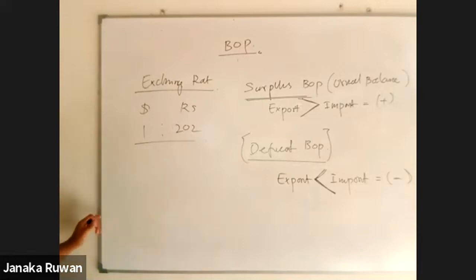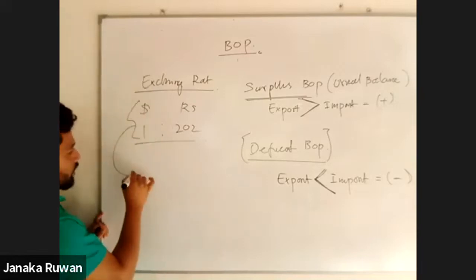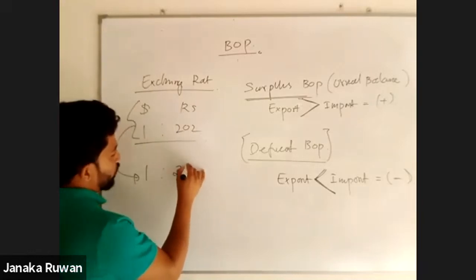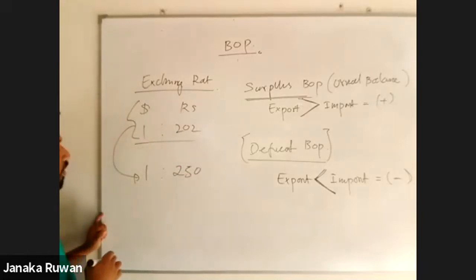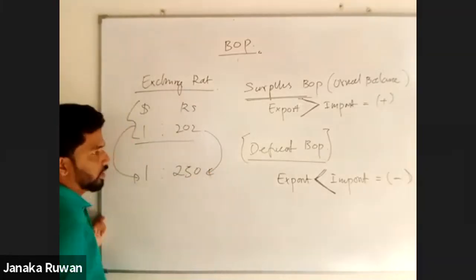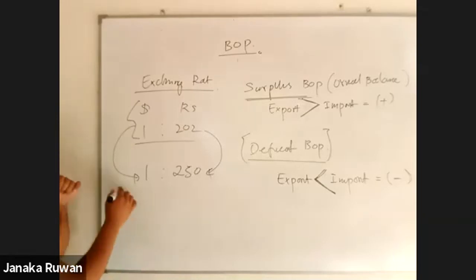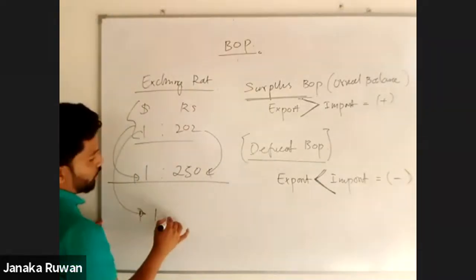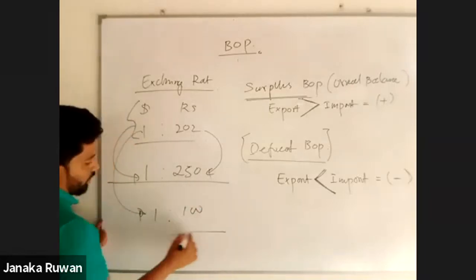If that situation changes so that $1 is similar to 254 Sri Lankan rupees, that is a depreciation. If it changes to $1 being 100 rupees, it is an appreciation.